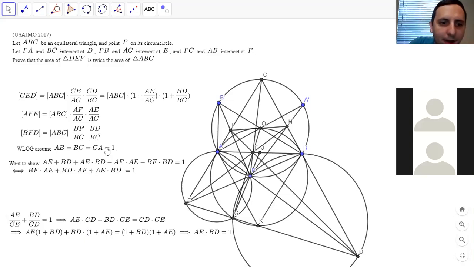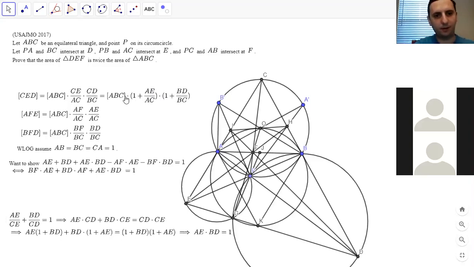oh, you know what? I think I need to show this as 0 or something. Wait, the area of, yeah, but I'm not assuming the area of ABC is 1. I'm assuming that AB and BC and CA are 1. So basically I'm saying when I start with this and I subtract, oh, because I need to subtract this, and ABC. So I need to subtract another 1.